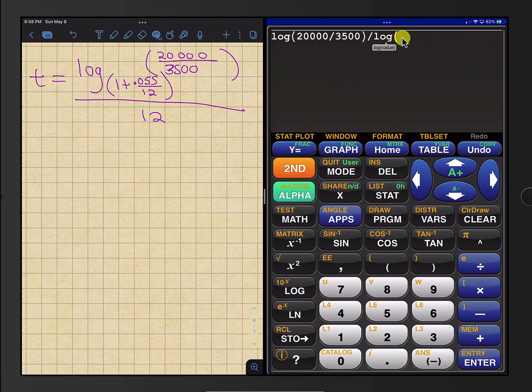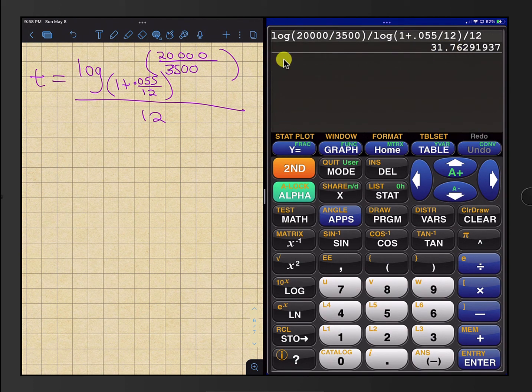So let's type that in, 1 plus 0.055 over 12. We'll close that parentheses, and then all of that is being divided by 12. So that would be pressing the division button again, and then 12. All right, and we get our answer of 31.76 years.